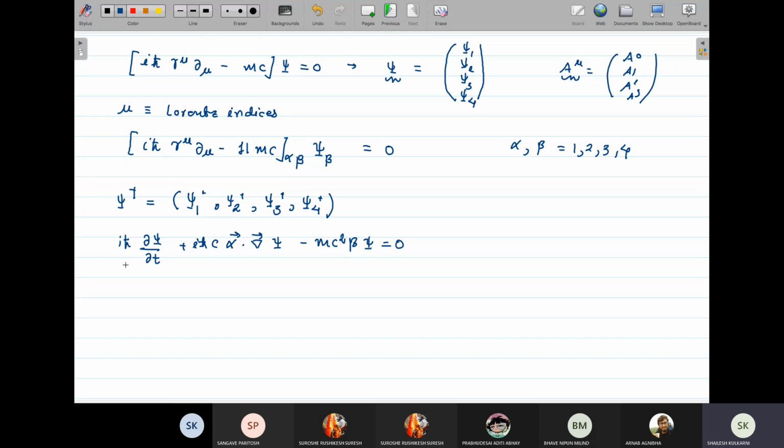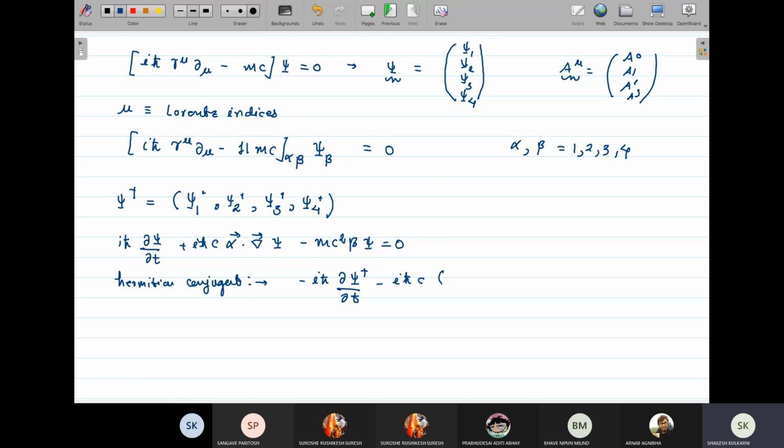Now I will take the Hermitian conjugate of this. What will I get? I will get minus i ħ ∂ψ†/∂t, minus i ħ c. What will happen if I take the Hermitian conjugate of this? The gradient of psi will come first and alpha will go later, and there will be dagger.